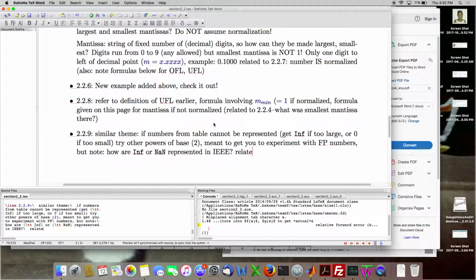This is related to discrepancies with the table. That was something I talked about at one point in class, but it's also something you can look up and find out how that's done and how that affects what numbers can be represented.